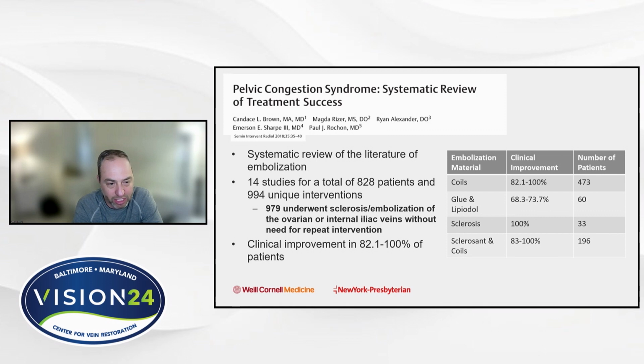So coils alone, really high outcomes. Sclerosis, interestingly, in a small data set had high outcomes, and sclerosing plus coils had similar outcomes to coils alone. But this doesn't look at recurrence rates. So I would argue that the bottom group, sclerosing plus coils, will prevent recurrence more so than coils alone when you're leaving that large pelvic reservoir in place.